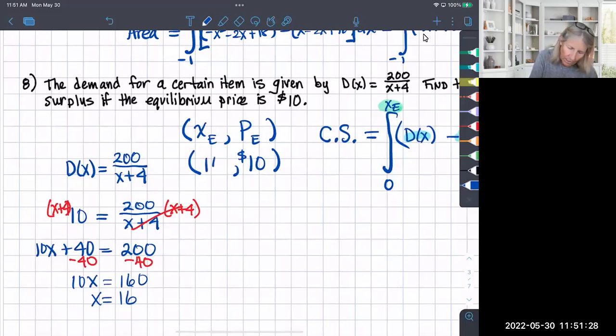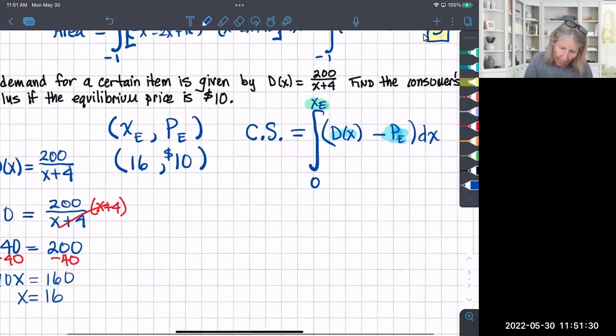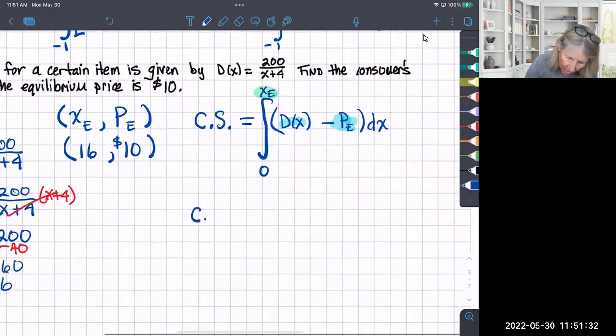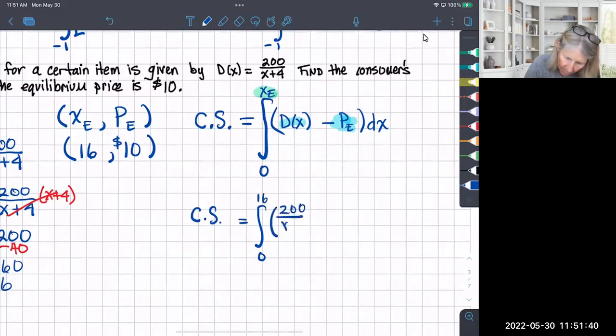So this is 16 here, right? Now I can set it up. The consumer surplus is going to be the integral from 0 to 16 of 200 over X plus 4 minus 10 dx.